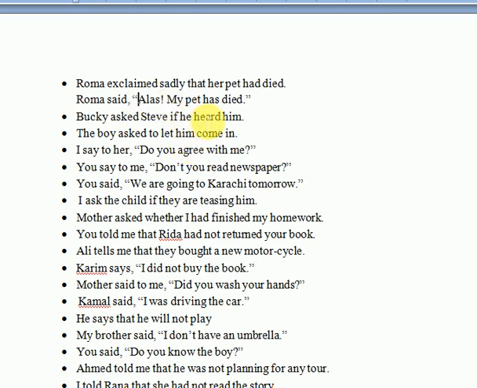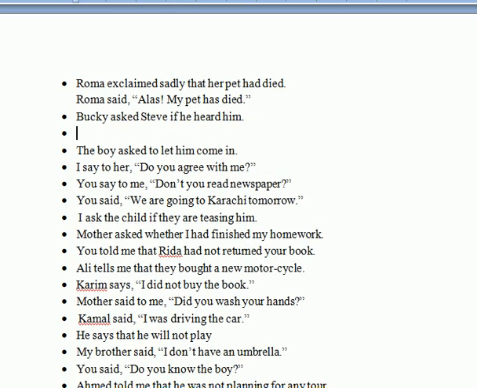Baki asked him if he heard him. This is interrogative, and Baki said, inverted commas start, if he heard him. So if suggests that this is the interrogative which starts with some auxiliary. If he heard him, heard suggests that this is the past indefinite. So past indefinite would change back into the present indefinite because the reporting verb is in the past. If he, so that would remain he, as well as that would go according to the Baki.